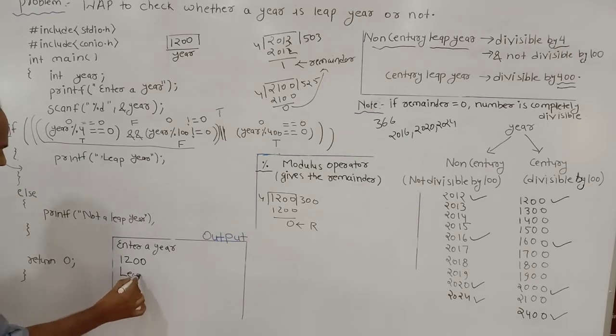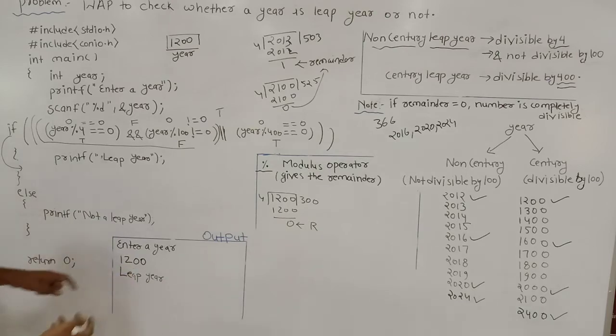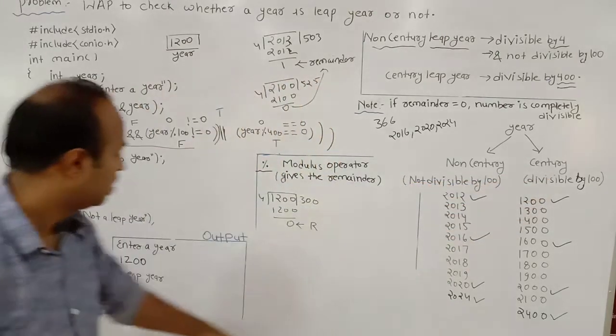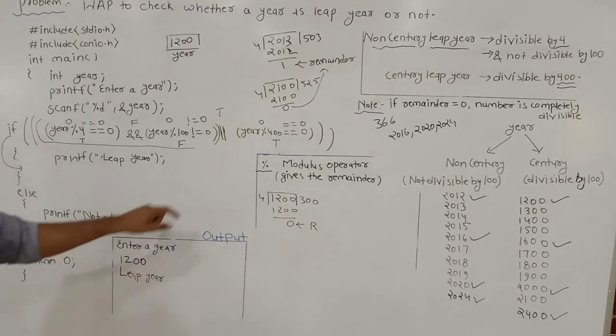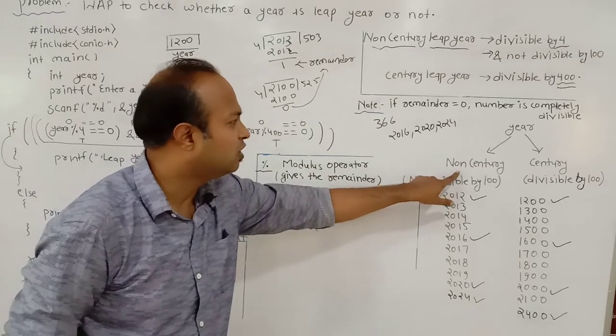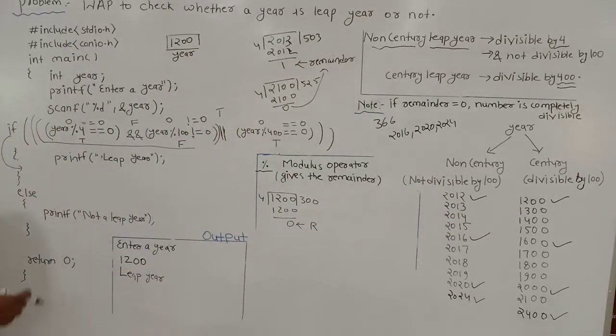Here we have entered a century leap year, so definitely this condition will be true. And if we enter a non-century leap year, this condition will be true. After printing leap year, we skip the else part and our program ends.